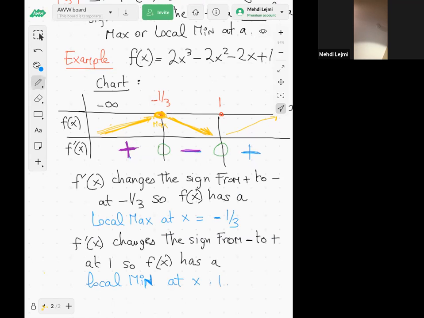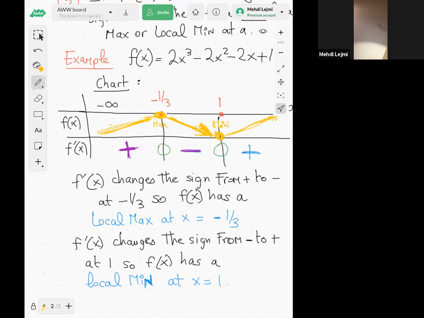And again, you can see just from the chart. You see here, it's decreasing, and then it's going to increase, right? So this point here would be a minimum, right? And that corresponds to +1. This is a minimum. So this function has a local maximum at -1/3 and a local minimum at +1.